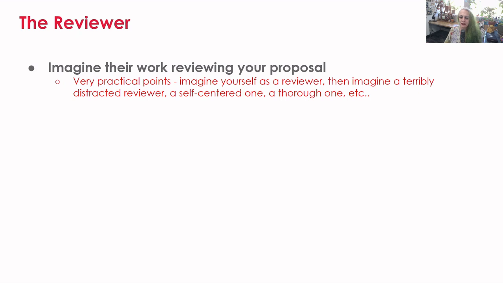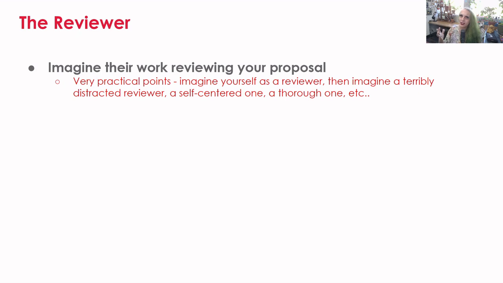This exercise can be done, for example, by reading out loud what you have written, and maybe sometimes putting your PDF into one of those automated AI readers and letting the computer read it back to you, because you don't want to have a friend do that, because they'll be upset with you if you ask them to. But have one of those automated readers read it back to you, leave the proposal aside, come back to it after 5 days, look at it with fresh eyes. Those are exercises that can help you put yourself in the position of a reviewer.